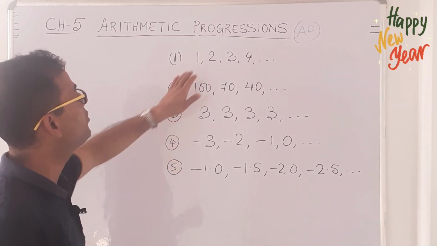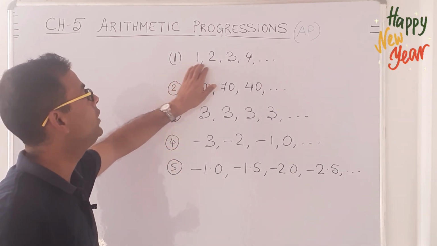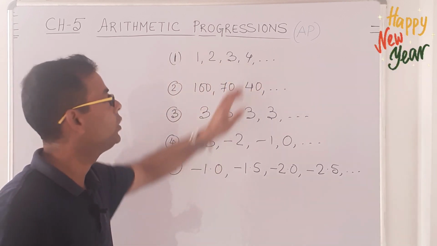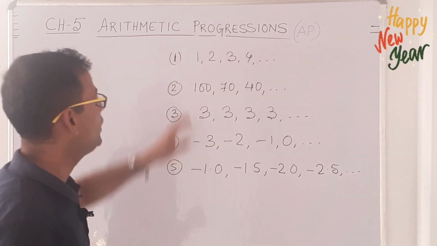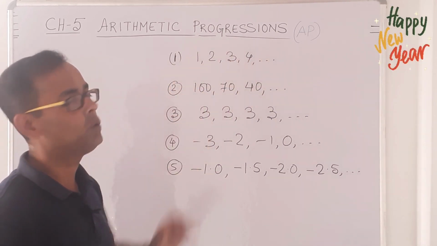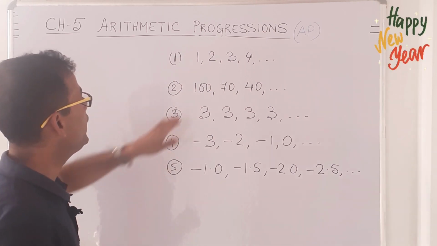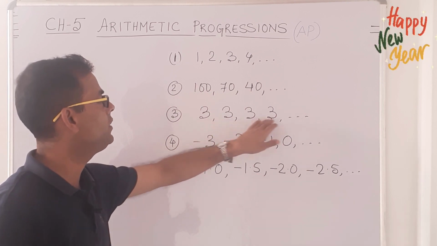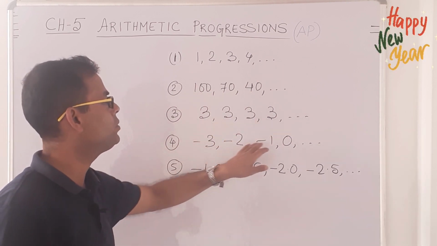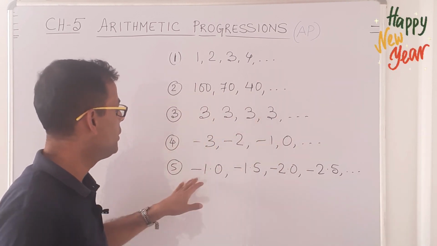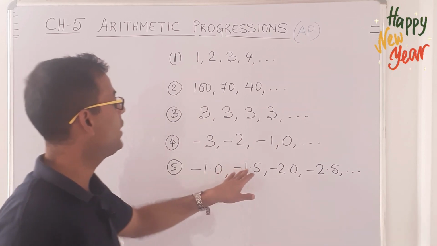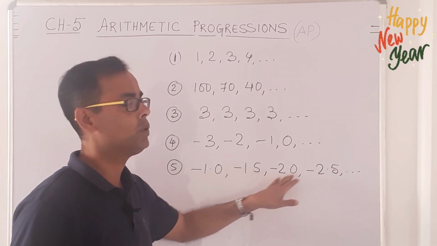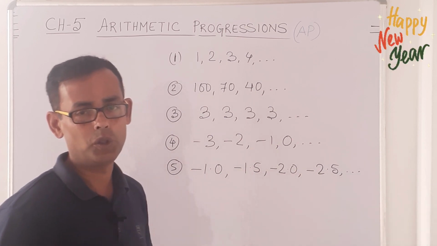The first example is 1, 2, 3, 4, dot dot dot. Then 100, 70, 40, and so on. Then minus 3, minus 2, minus 1, 0, dot dot dot. Then minus 1.0, minus 1.5, minus 2.0, minus 2.5, dot dot dot.